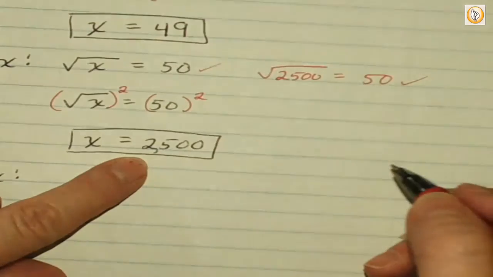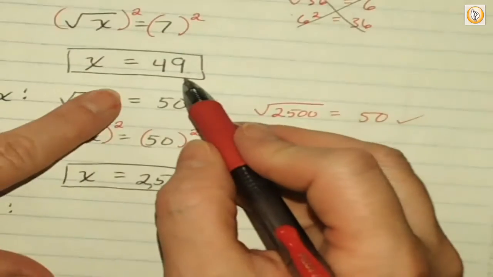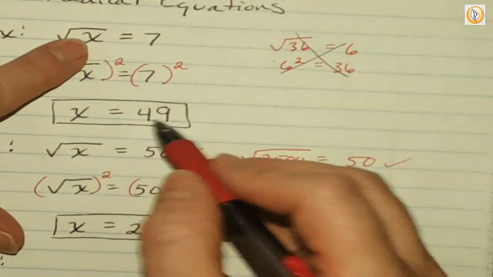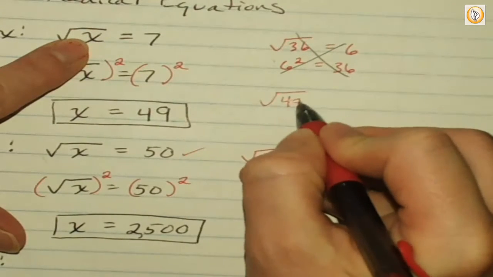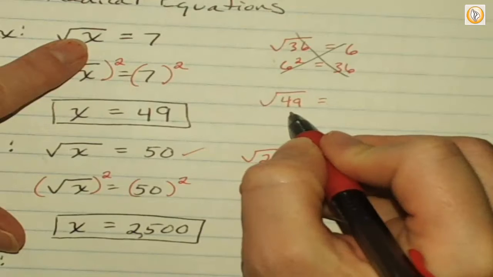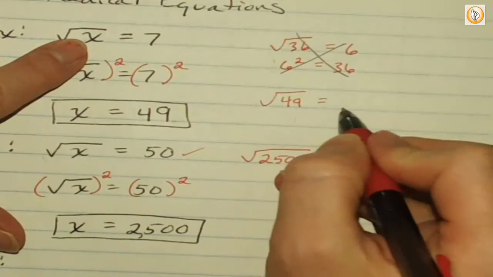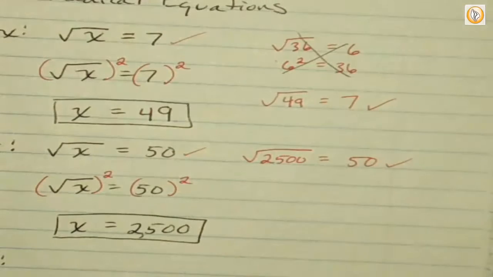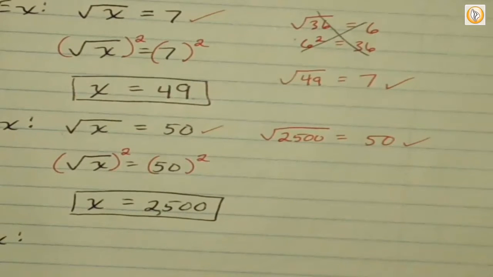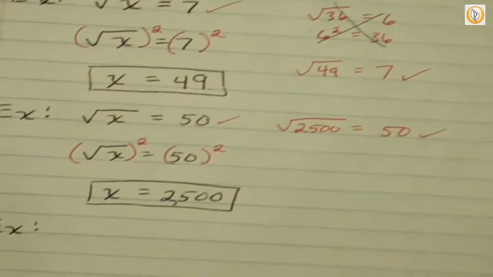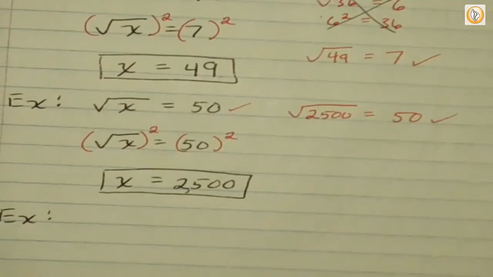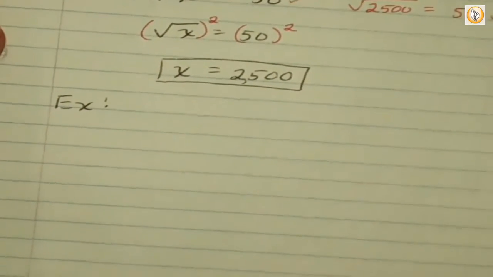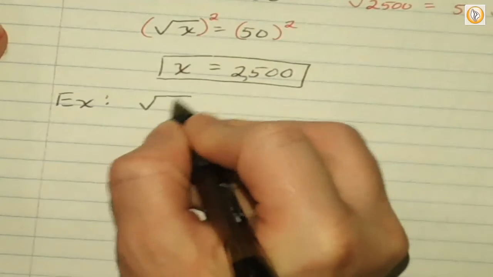Yes, it does. I could do the same right here. If I go back and replace this x with 49, what is the square root of 49? 7. So does that check? There you go. Does that make more sense, guys? Okay. Let's see. What if I did this?